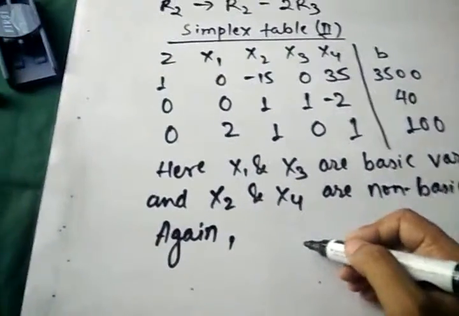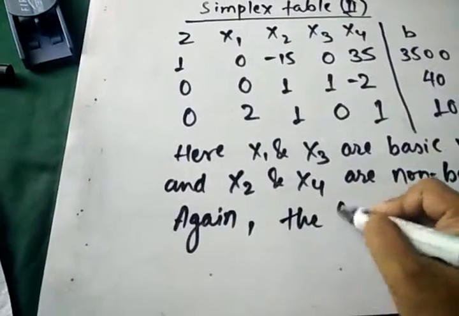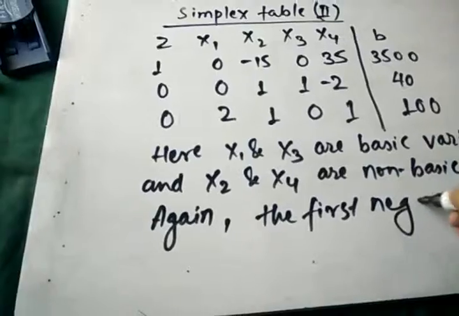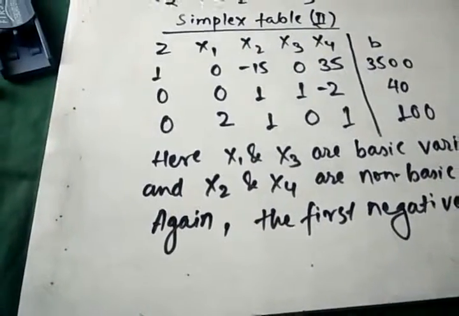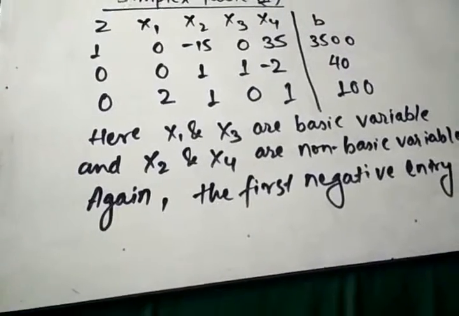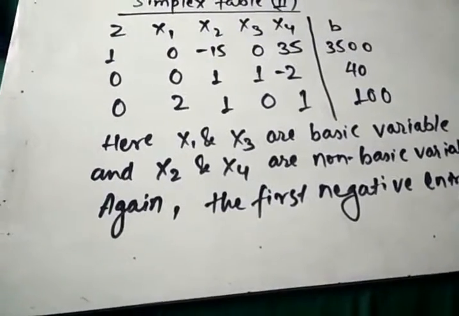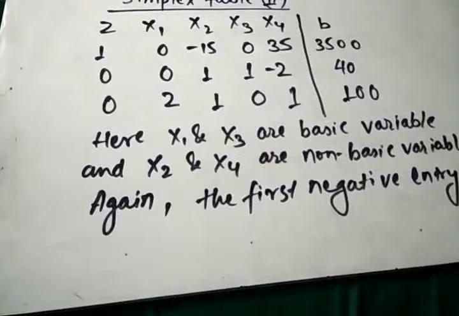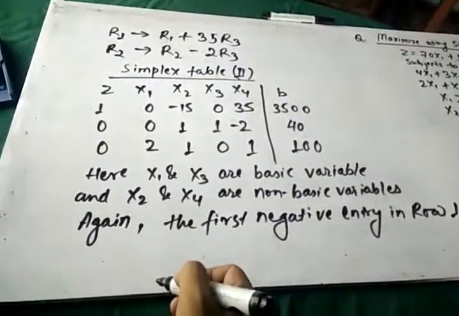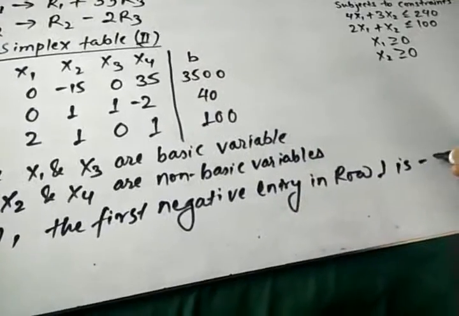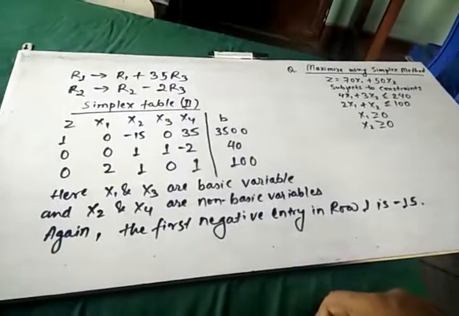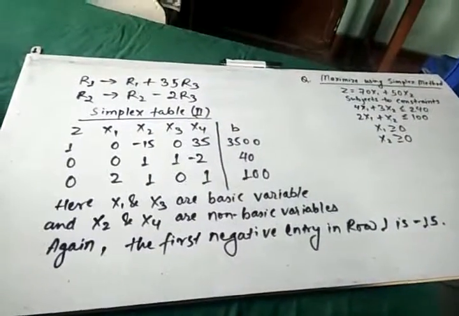Now again, the first negative entry in row 1 is minus 15.